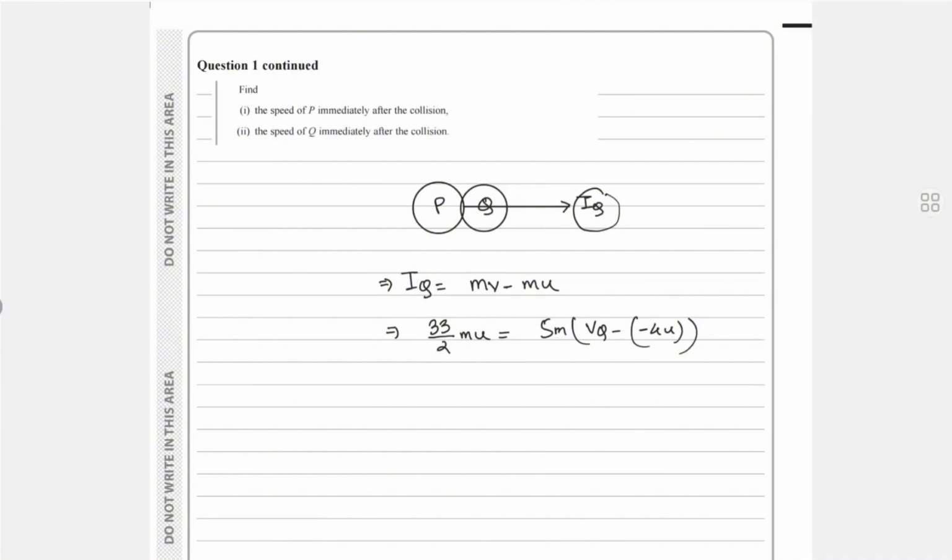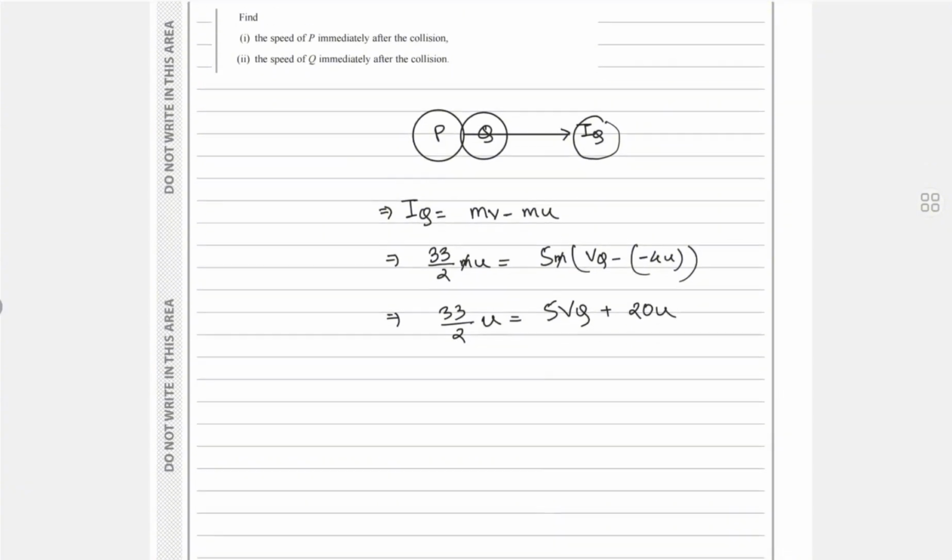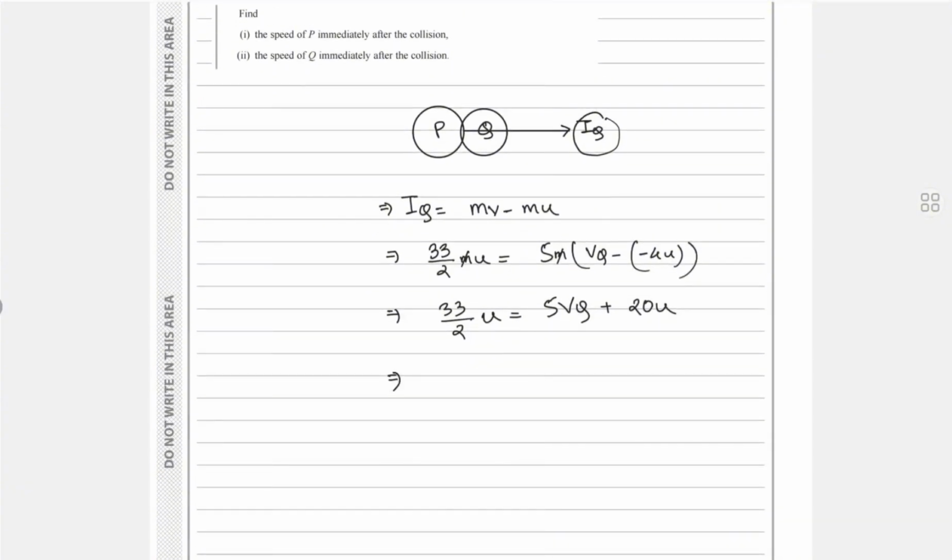This m cancels out. So 33 by 2 u equals 5vq plus 20u, and that would be 33 by 2 u minus 20u, times 1/5, and that would be VQ.